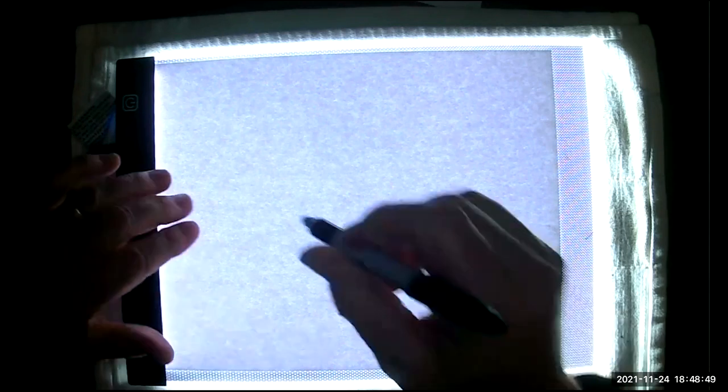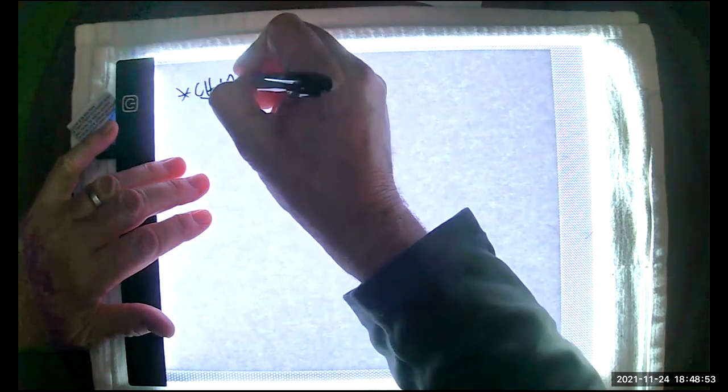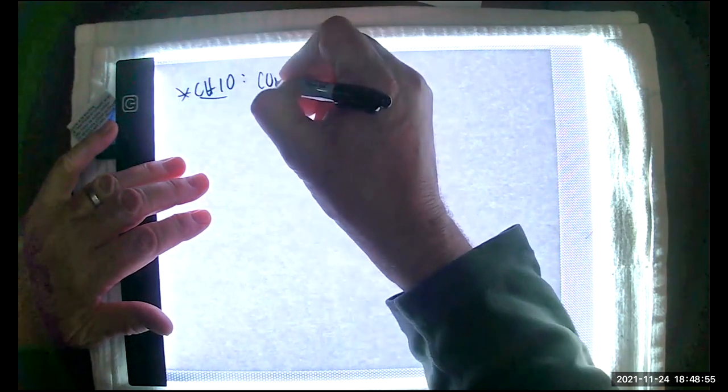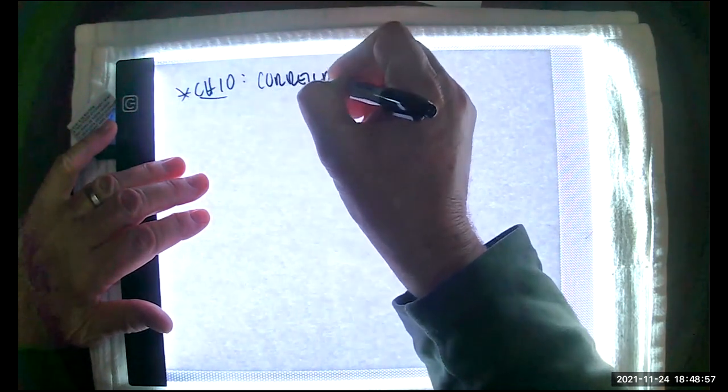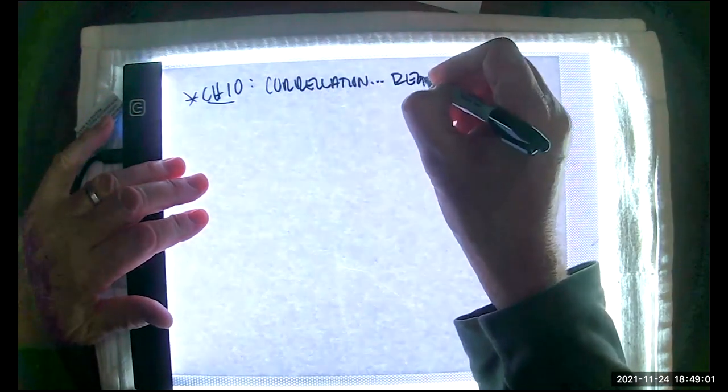Chapter 10 also requires a nice example. And this is where we remember that chapter 10 focused on correlation and regression.